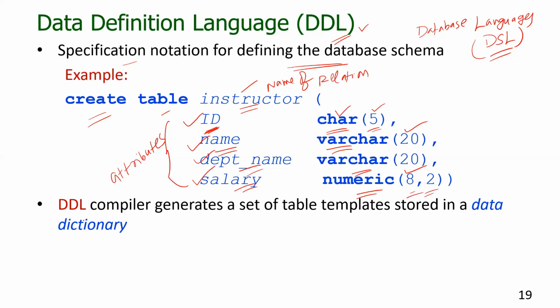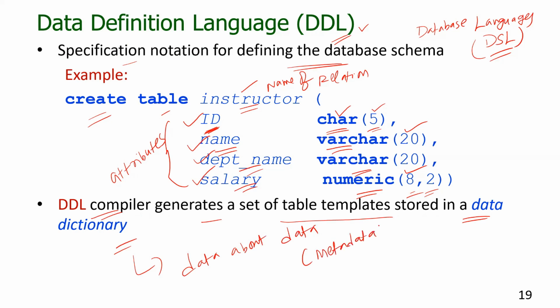To run the DDL commands, we use a compiler called the DDL compiler. The DDL compiler generates a set of table templates which can be stored in a data dictionary. What is a data dictionary? It is data about data, which we call metadata, stored in the data dictionary.